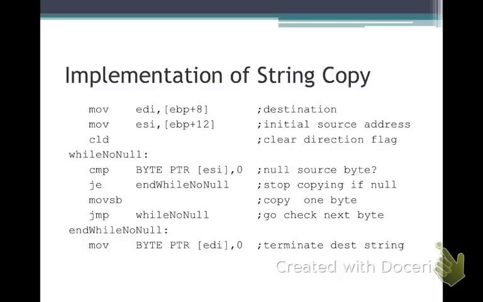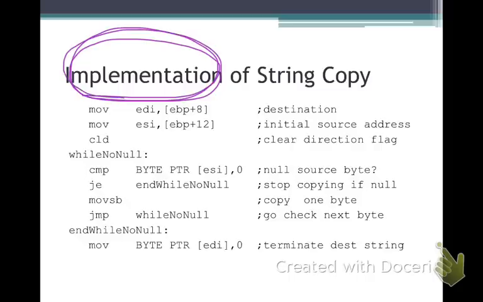Okay, so here is the complete example. This one's in your textbook. Again, assume ahead that we're establishing a stack frame and doing all those good programming things up here. Then I'm going to pull my parameters only as I need them. I'm going to set left to right motion or traversal direction.